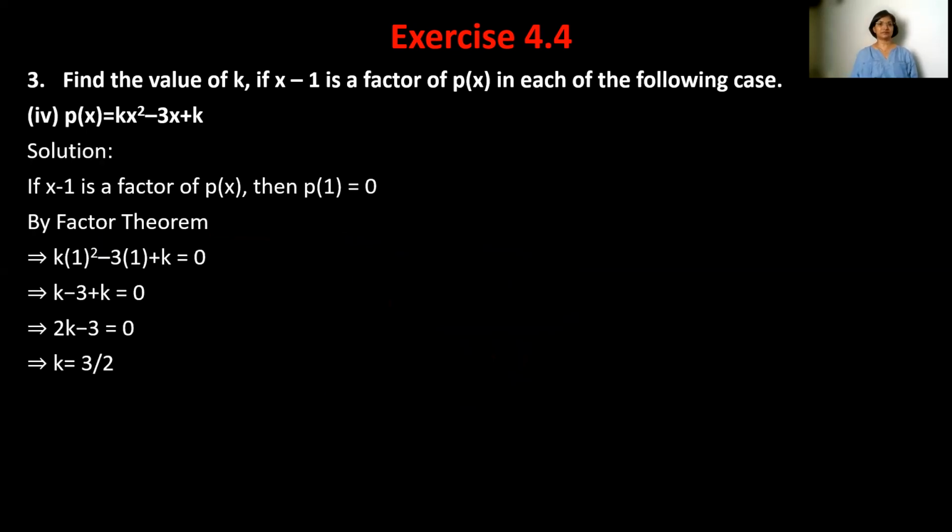Question number 3, fourth section. The fourth section says p(x) equals kx square minus 3x plus k. So again, if x minus a is a factor of p(x), then p(1) equals 0. This condition applies everywhere. Okay. So here again, we are replacing x by 1. Clear?